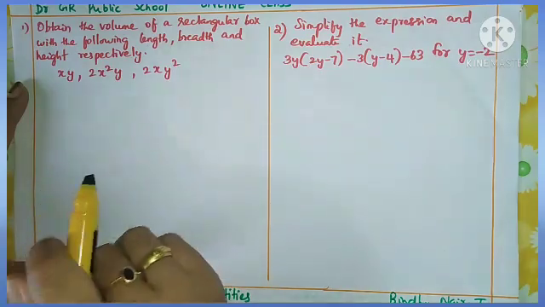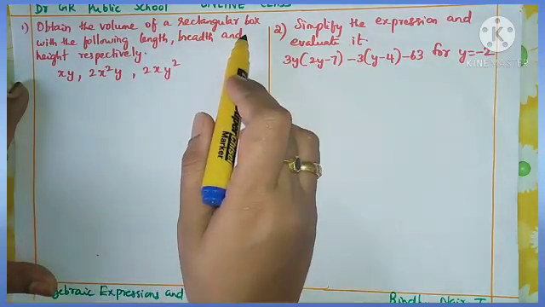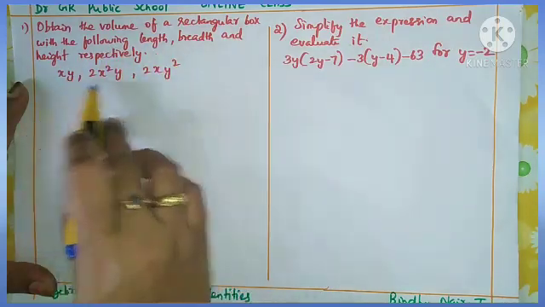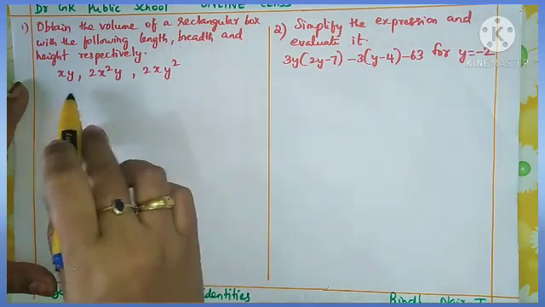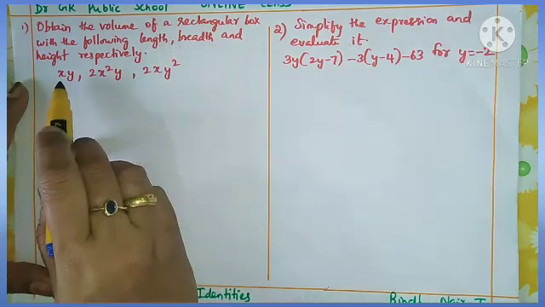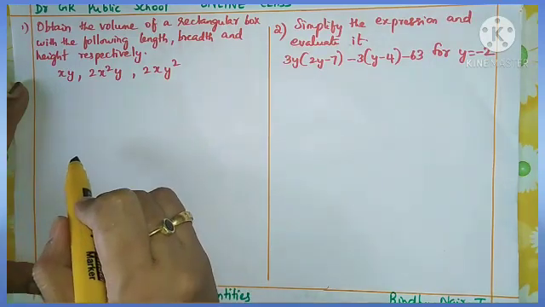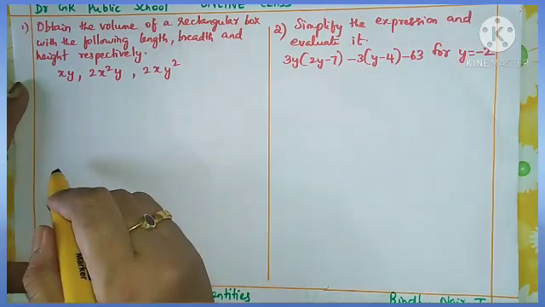Yes, so what is given? We want to find the volume of a rectangular box with the following length, breadth and height. So the terms given here are to be considered as the length, breadth and height of a rectangular box, and we need to find its volume.